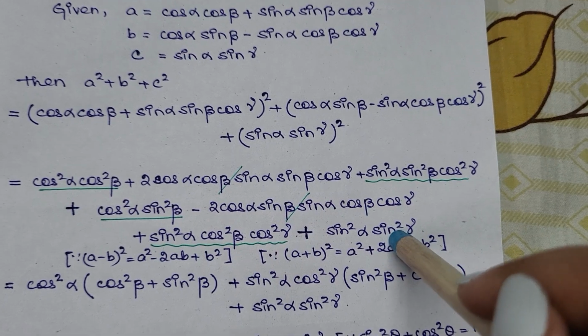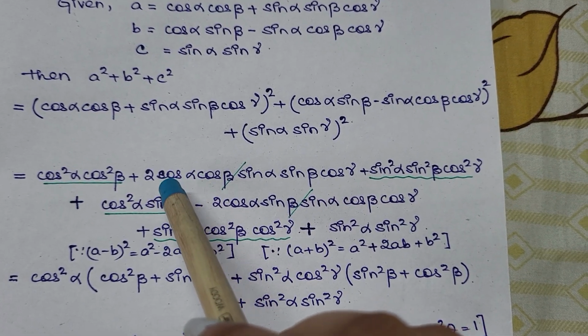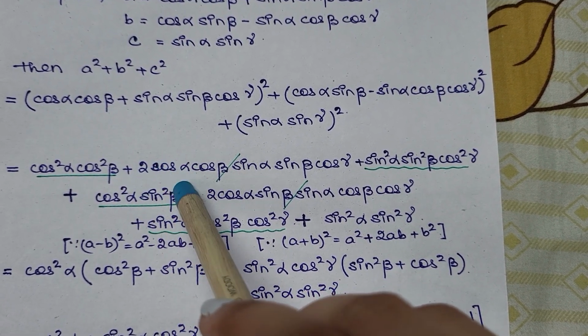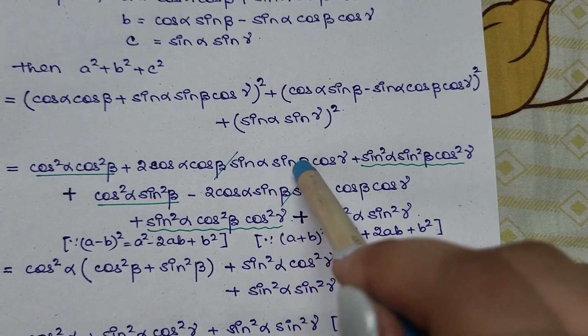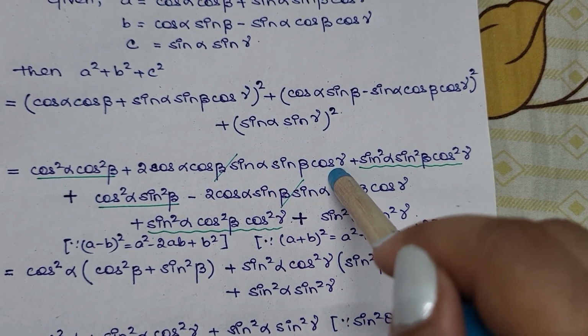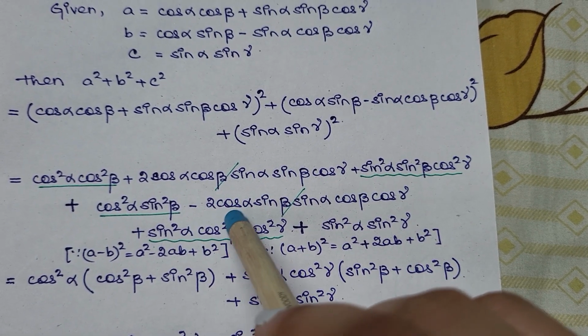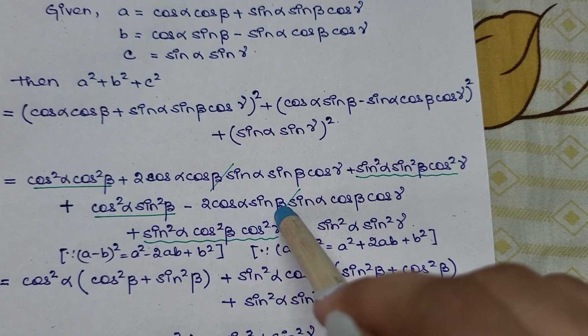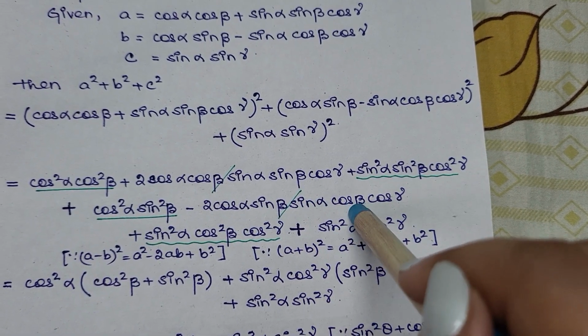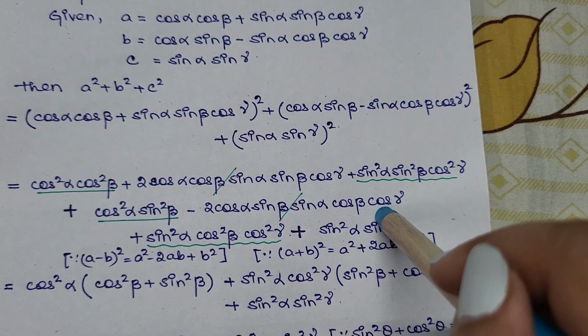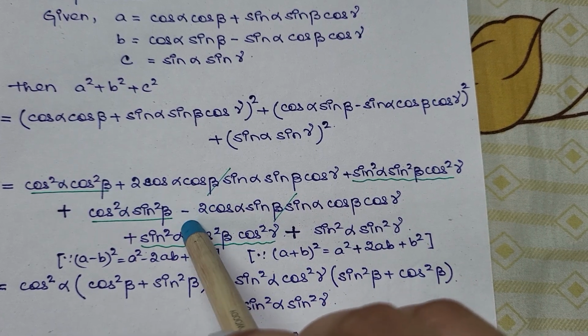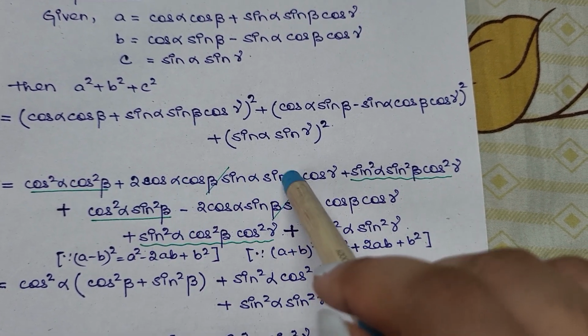Now let's see this. This is 2 cos alpha cos beta sin alpha sin beta cos gamma, and this is 2 cos alpha sin beta sin alpha cos beta cos gamma. This is a plus and this is a minus. Now let's see if all the terms match.